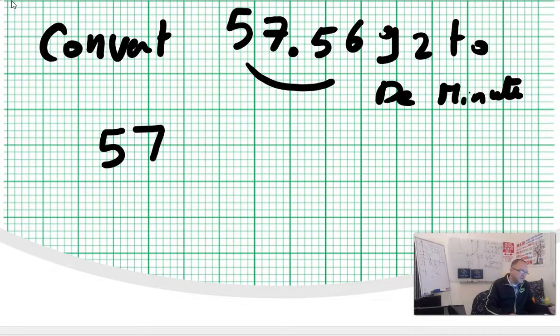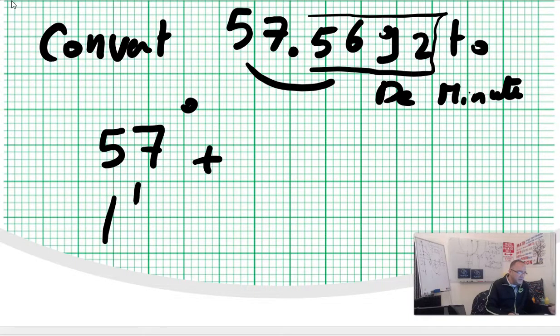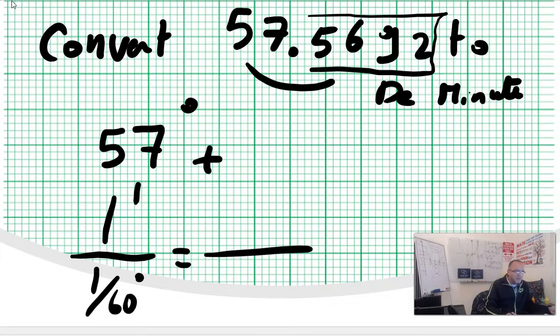So we go 57 degrees, right? Plus this whole decimal part, this is where the fun starts. This is where we're going to apply that 1 minute is 1/60th of a degree. So what do I have in the decimal part? I have 0.5692.